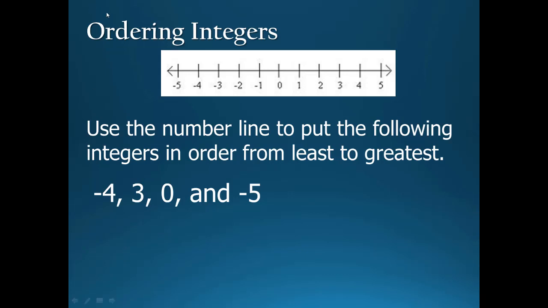Minus 5, and then minus 4, and then 0, and 3. So the result is minus 5, minus 4, 0, and 3.